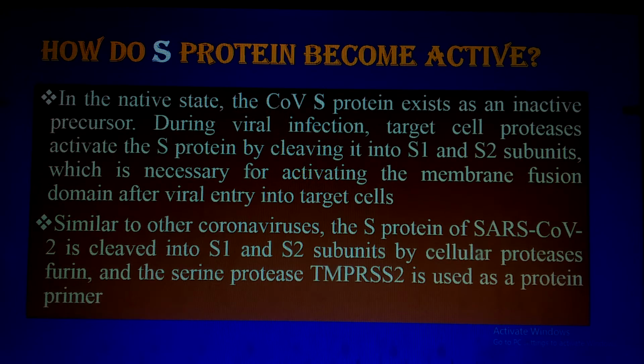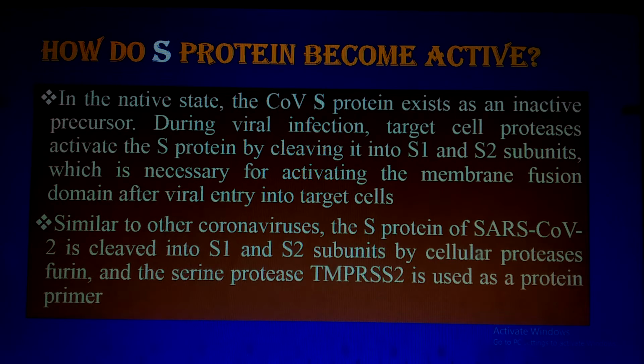Now I'm going to give you a little information about how S proteins become active. I have discussed this in detail in my lecture about the S protein, so you must watch it. You will learn a lot. S proteins are the spike proteins, and these spike proteins help in the attachment and infection of the coronavirus.